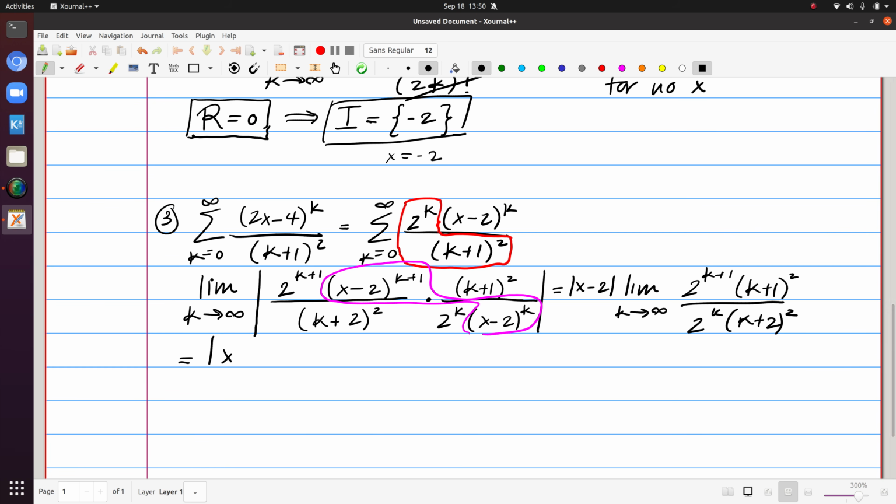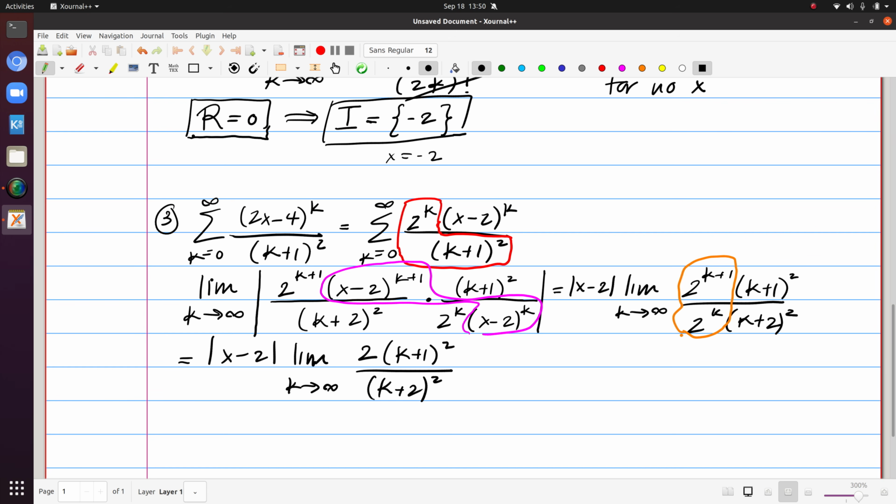So I have the absolute value of x minus 2. And now I want to start to simplify. So in particular, I'm observing that this ratio leaves me with an extra factor of 2 in the top. So I have 2 times k plus 1 squared over k plus 2 squared.